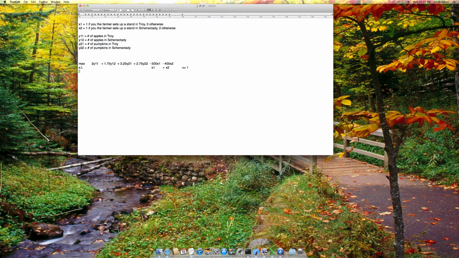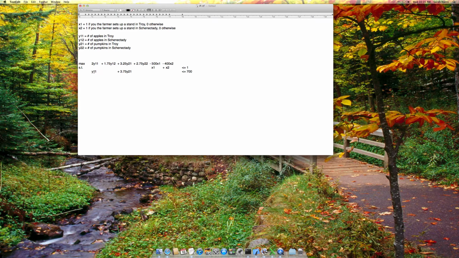So with that, I'm going to include a constraint that says the space my apples take up, 1 unit times the number of apples, plus 375, the space that pumpkins take up, times the number of pumpkins I have, is less than or equal to 700. However, if I don't set up the stand in Troy, I don't get 700 units.